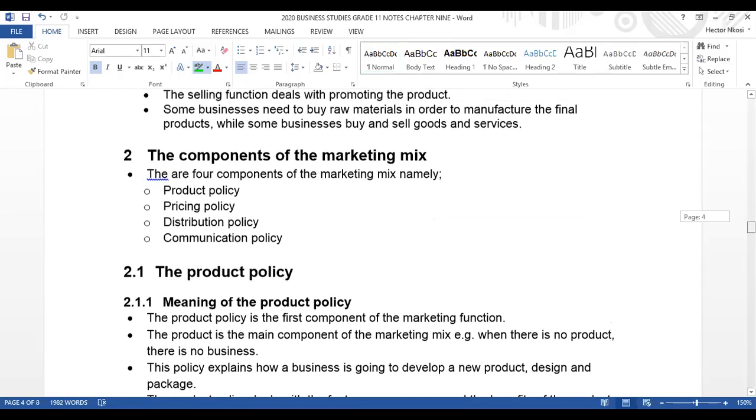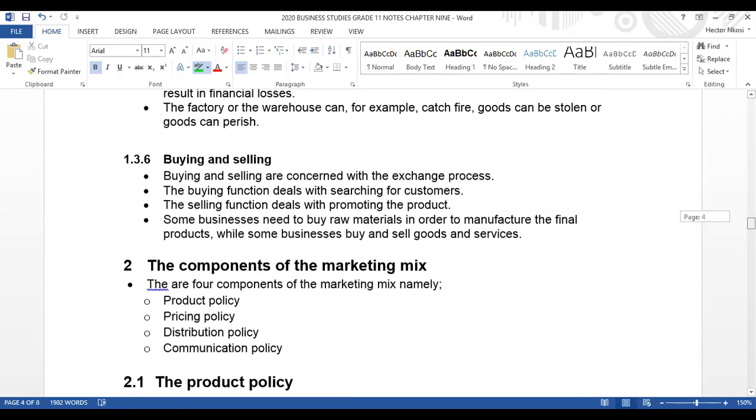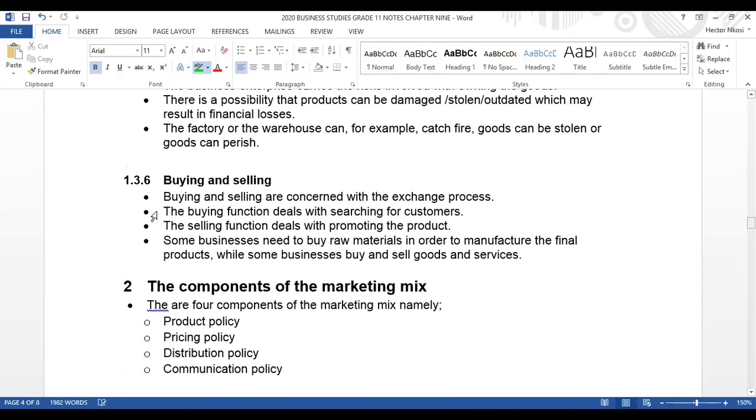Now, let's also look at your buying and selling. Now, boys and girls, when it comes to buying and selling, we know that buying and selling are concerned with the exchanging process. We know that the buying function deals with searching for customers. The selling function deals with promoting the product.